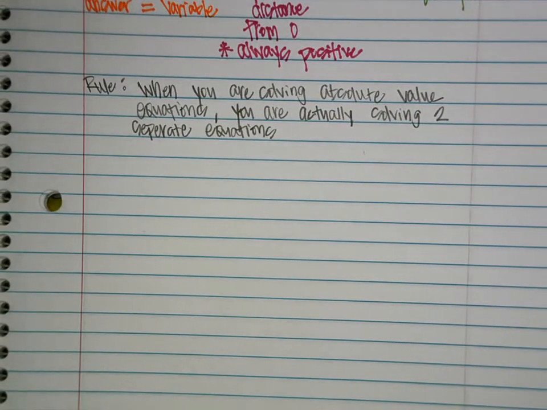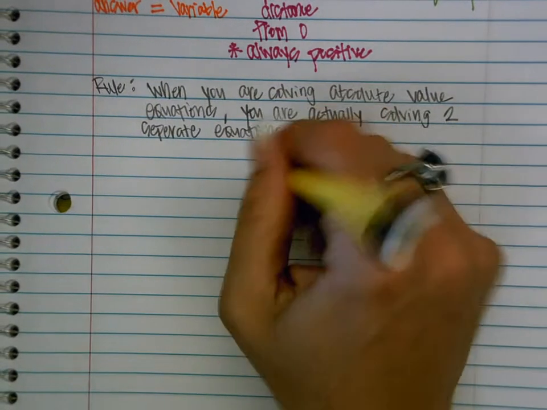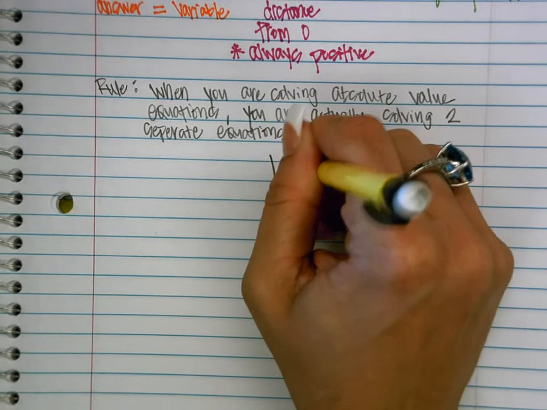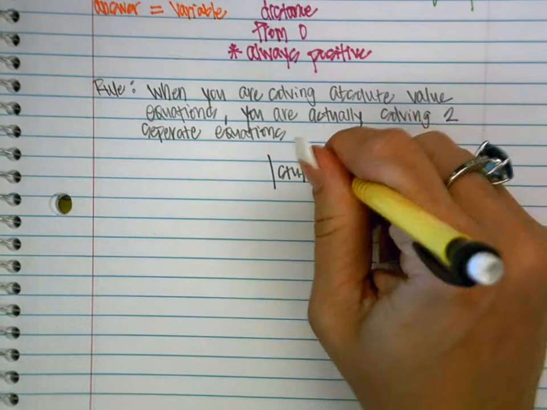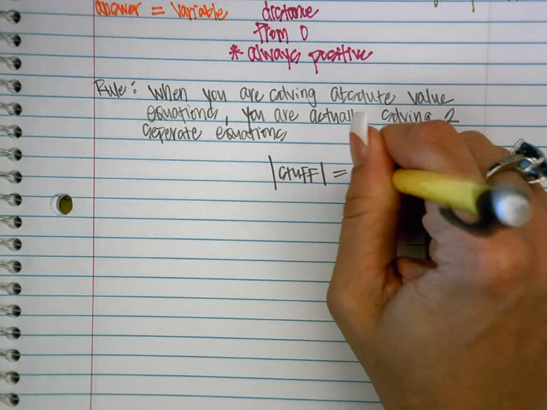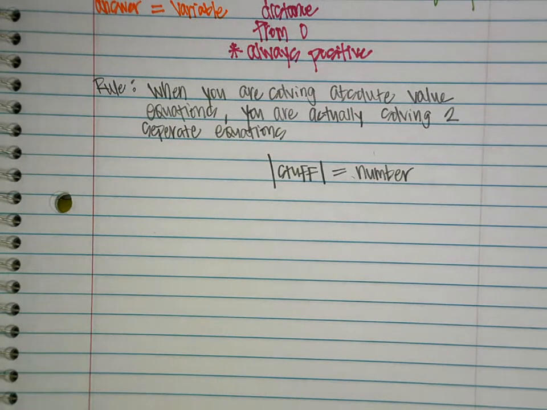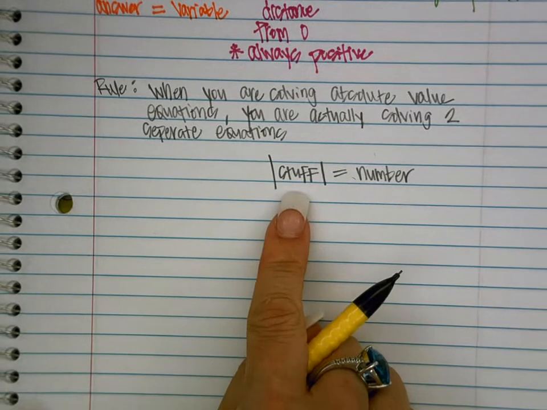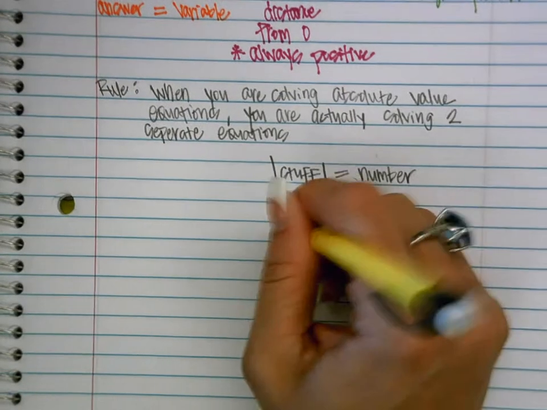So what that means is anytime you have an absolute value equation, whatever you have inside the bars, I'm just going to call the stuff. Okay, the stuff inside. If you have it equal to, we're just going to say a number. This is highly mathematically correct, obviously. The stuff inside equals a number. What you have to do is you're going to make two separate equations.